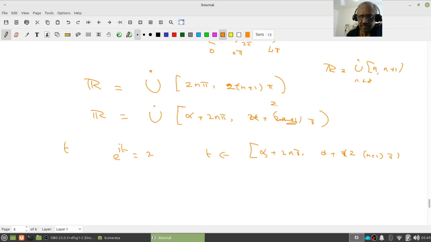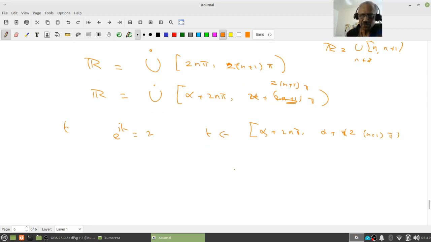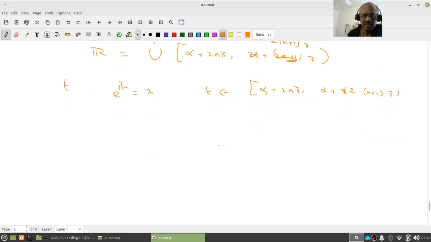I may write something wrong, but don't hold me to it, because last time also somewhere I might have written 2n plus 1, but what I mean is 2 times n plus 1, right? Therefore if I take t minus 2n pi equal to s, then e power i s is e power i t, which is z. And where does s lie? s lies in alpha to alpha plus 2 pi.